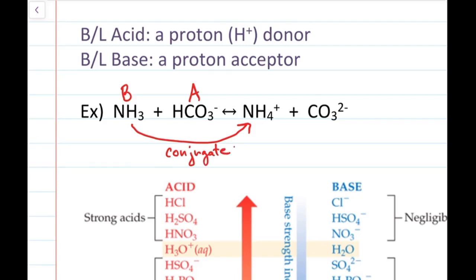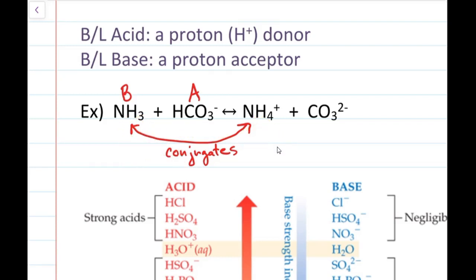And actually these two are conjugates of each other because this is a two-way reaction. So the NH3 gains an H+ to become NH4+. But since this arrow works both ways, you can also say that in the reverse reaction, NH4+ is losing or donating a hydrogen to become NH3. So they are conjugates of each other.